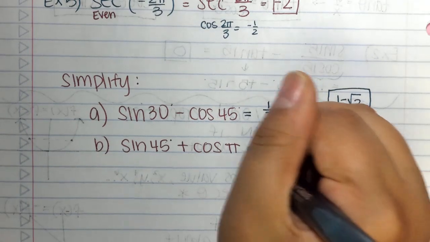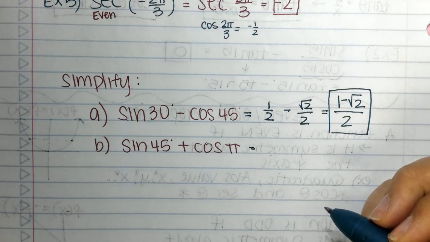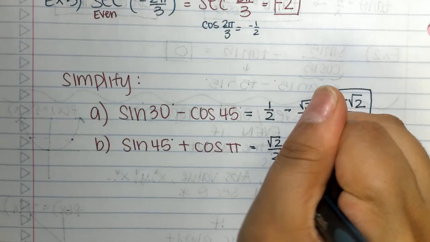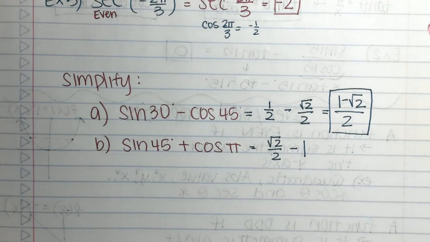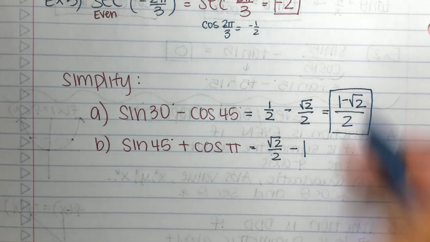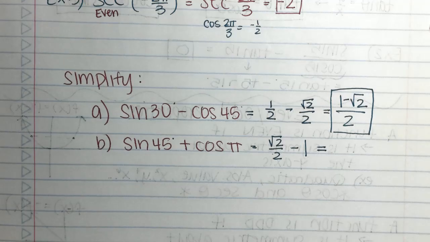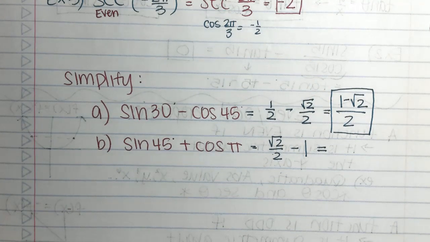What's the sine of 45? Root 2 over 2. What's the cosine of pi? Negative 1. What is this going to equal? It is not negative square root of 2. 1 minus 2?